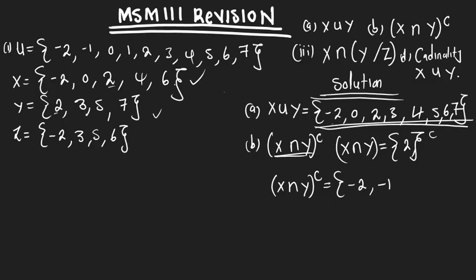Complement simply means get everything that is going to remain in the union set if you remove 2. So you go to the union set, just remove 2, and get everything that remains. Then you have 1, 3, 4, 5, 6, 7. All right, we go to C.